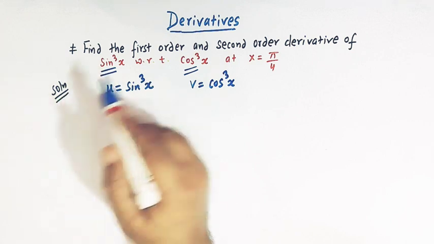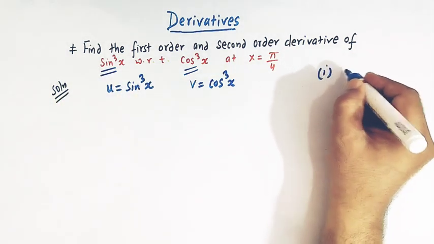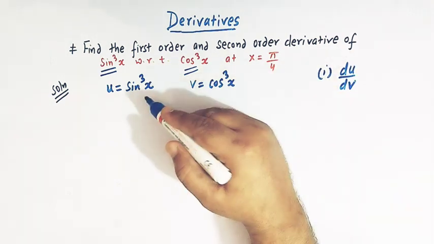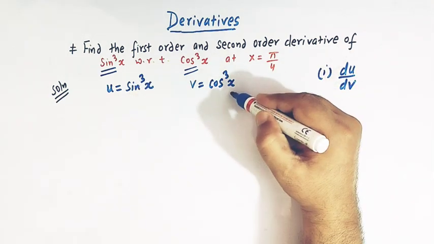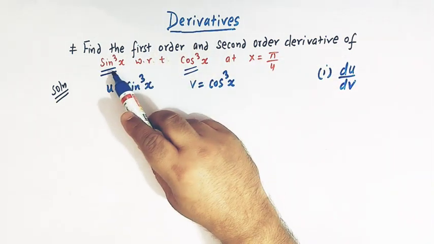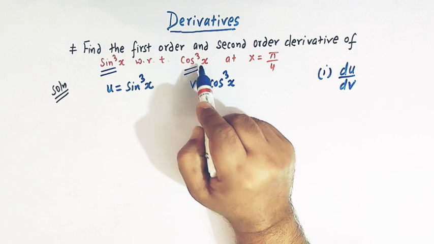And we have to find du/dv, because u is sin³x, v is cos³x, and we have to find the first order derivative of sin³x with respect to cos³x.